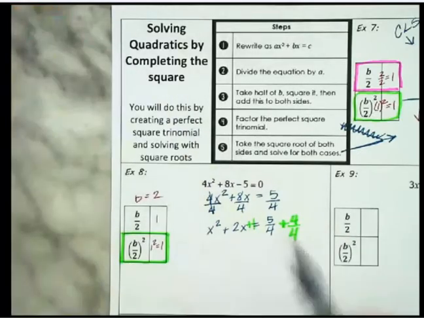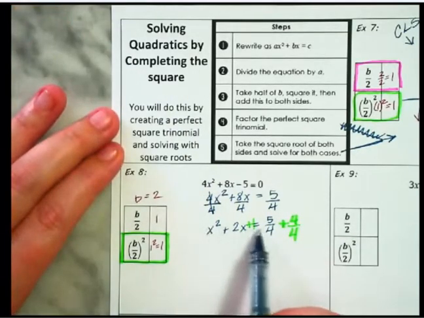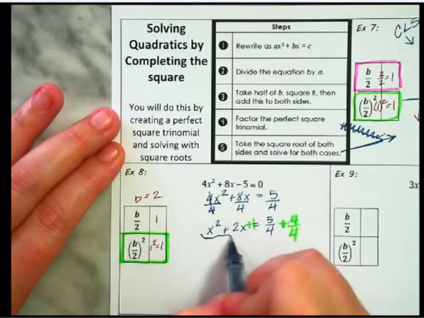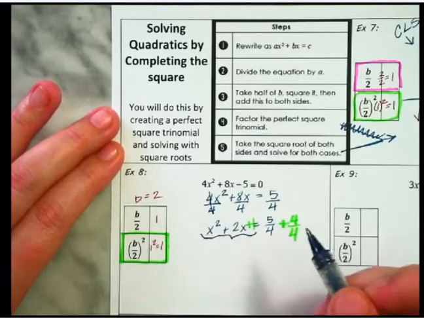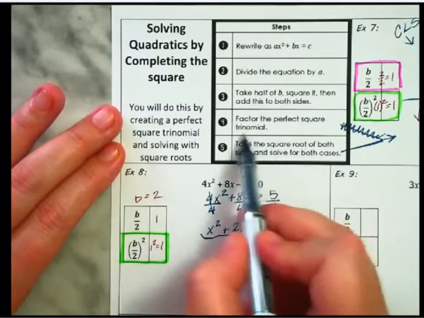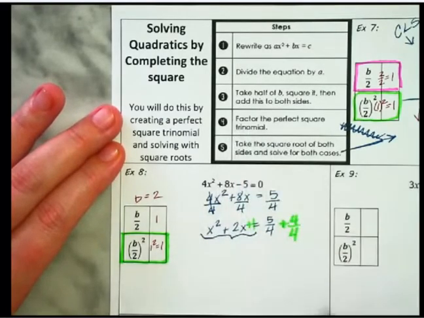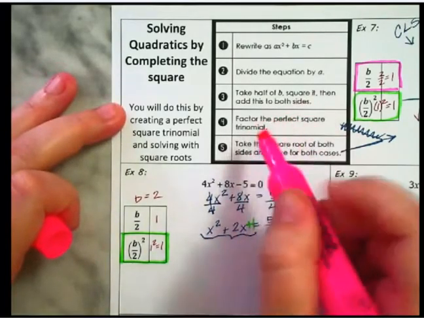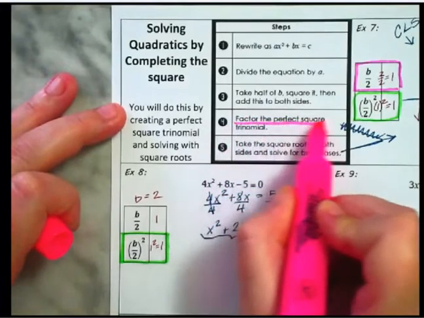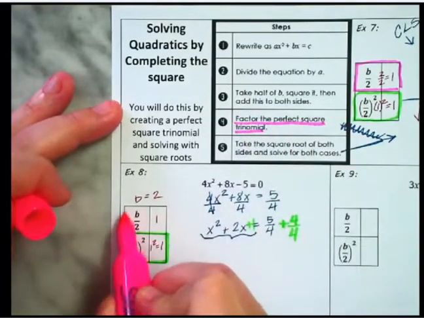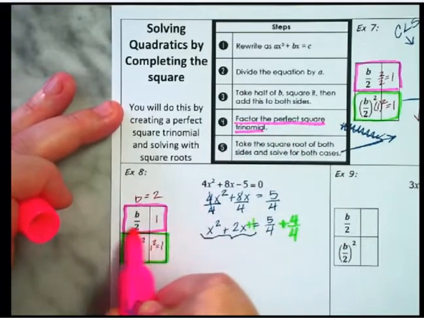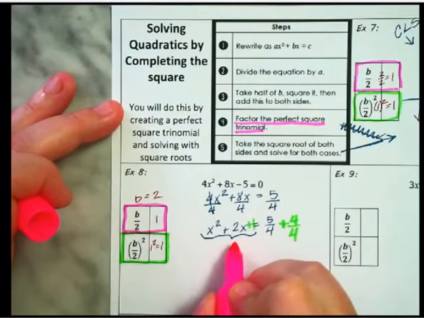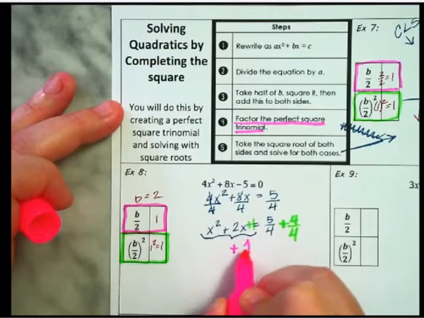Now I'm ready to factor this perfect square trinomial. This right here is step 3, or step 4, factoring the perfect square trinomial. Let me just underline this in pink because that's what I've highlighted in pink. So I have a positive 1 that's going to go here.